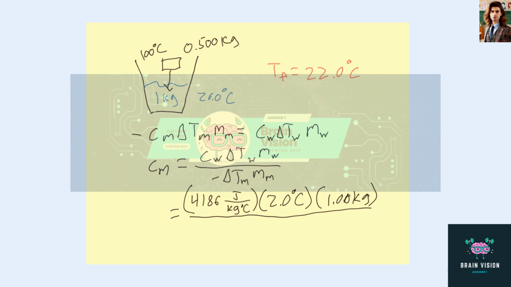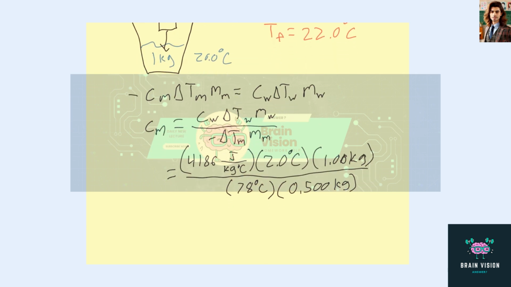So we can say the change in the temperature of the material was 78 degrees Celsius times the mass of that material, which is given as 0.500 kilograms. Plugging all of this into a calculator, we will find that the specific heat of the material is 215 joules per kilogram degree Celsius.